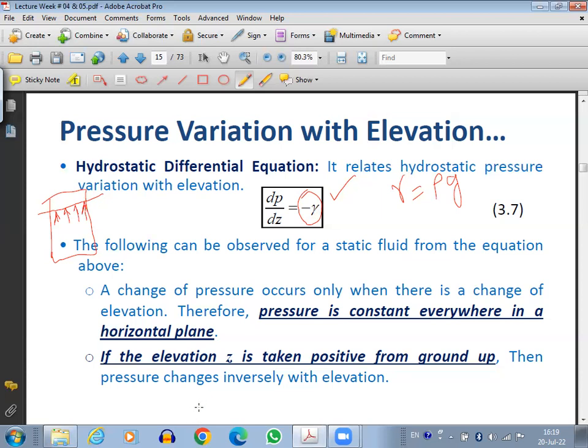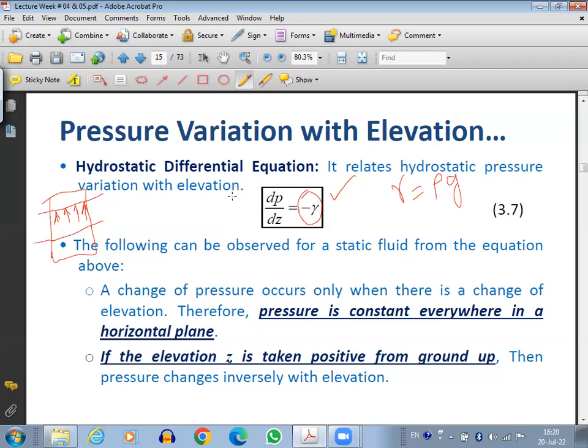It only varies if the elevation changes. So the pressure here will be different than the pressure here. So the first thing is that the pressure variation in static fluid is only with elevation. So dP by dZ, and this variation is a constant, linear variation, and it has a specific value equal to gamma, rho g.